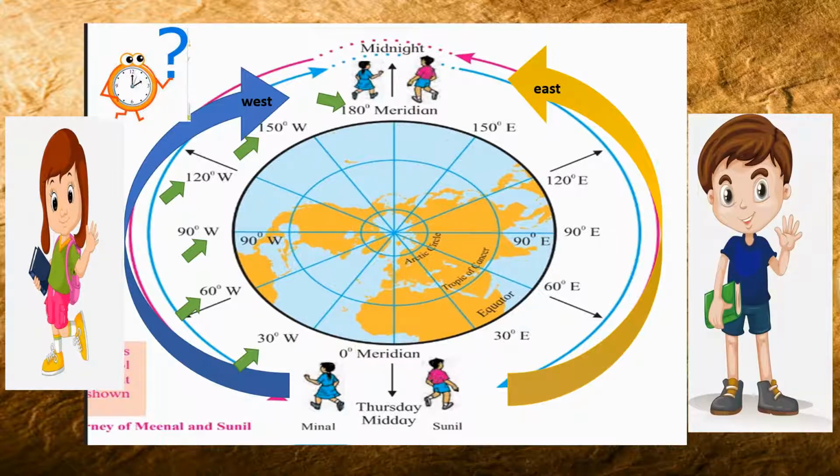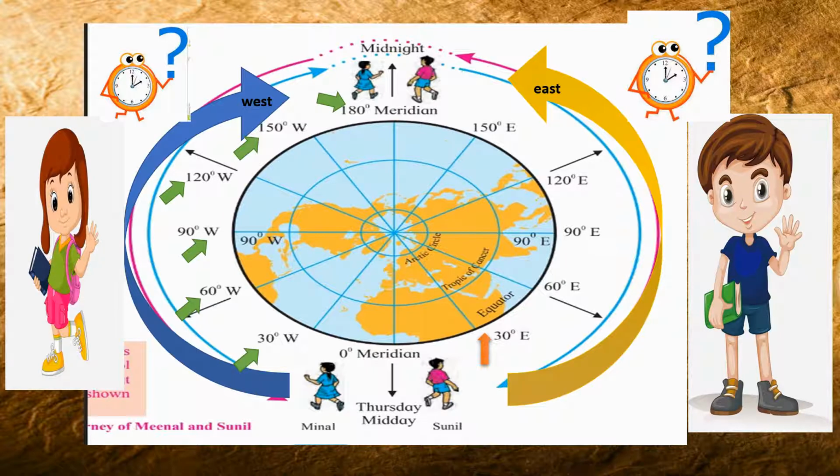When he was moving more and more towards the eastern direction, what was the time he got at the 30 degree east meridian, 60 degree east, 90 degree east, 120 degree east, 150 degree east, and finally, when both come across at the 180 degree meridian, what was the timing they got? So let's understand.